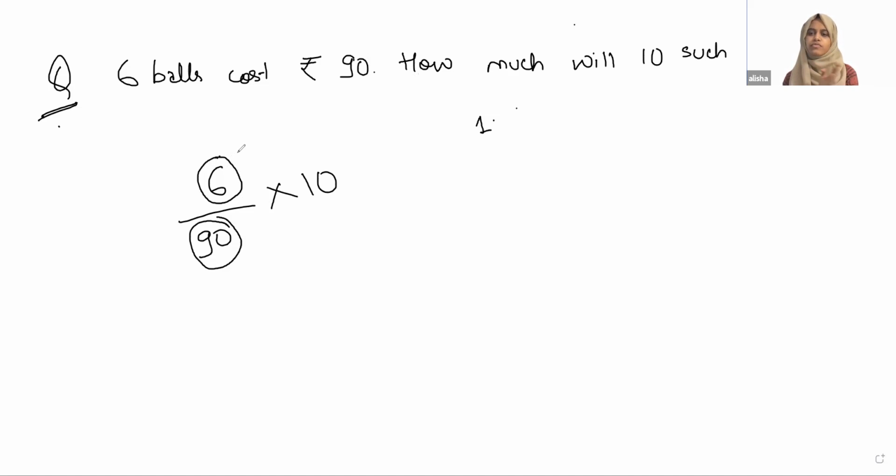So now we'll move forward. After 2, what comes? Does 3 come after 2? Yes, ma'am. Yes, 3 comes after 2. So does 6 come in the table of 3?